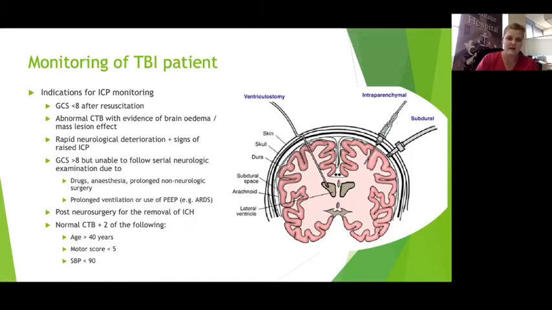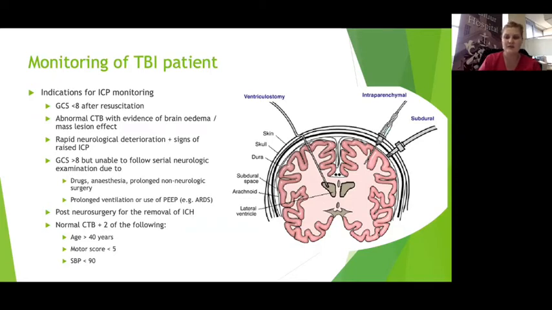And then there's also some suggestion that you can use ICP monitoring post-neurosurgery after you've removed a large intracerebral hematoma. It will give you an early warning sign if there's re-expansion or re-bleeds of intracerebral hematomas, or recollections, especially of subdurals or extradural hematomas.